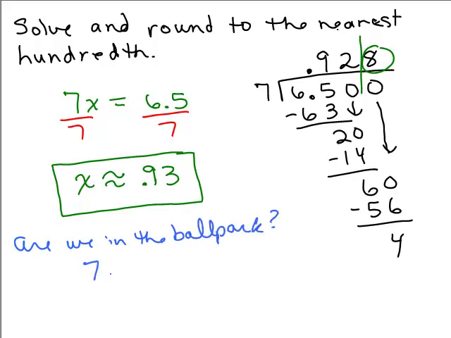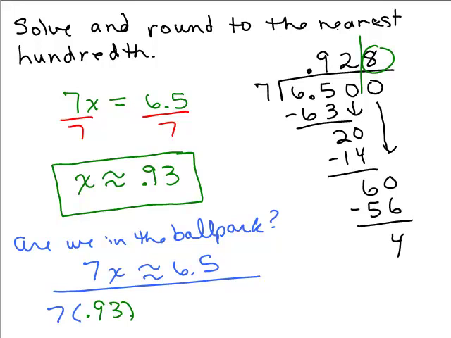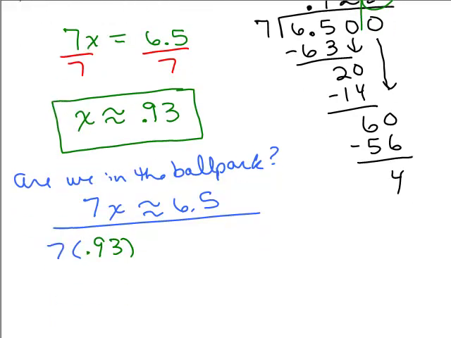So you would normally have a 7x, and we're going to compare that. Is it approximately equal to 6.5? So we have 7 times 0.93. Let's do that.